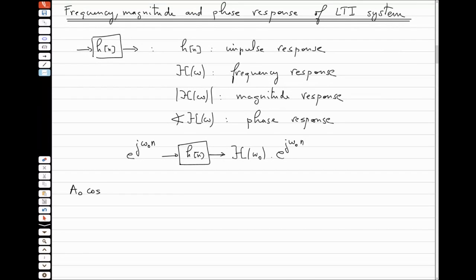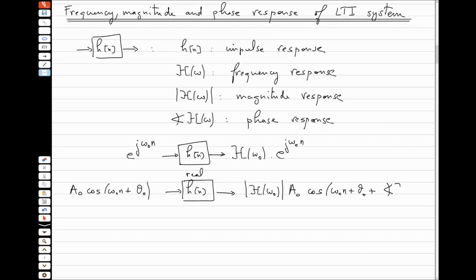And if you input a sinusoidal input, oh yeah, I forgot, it has to be real in this case, then you know that the response is the magnitude response at omega naught, A naught cosine of omega naught n plus theta naught plus phase response at omega naught.